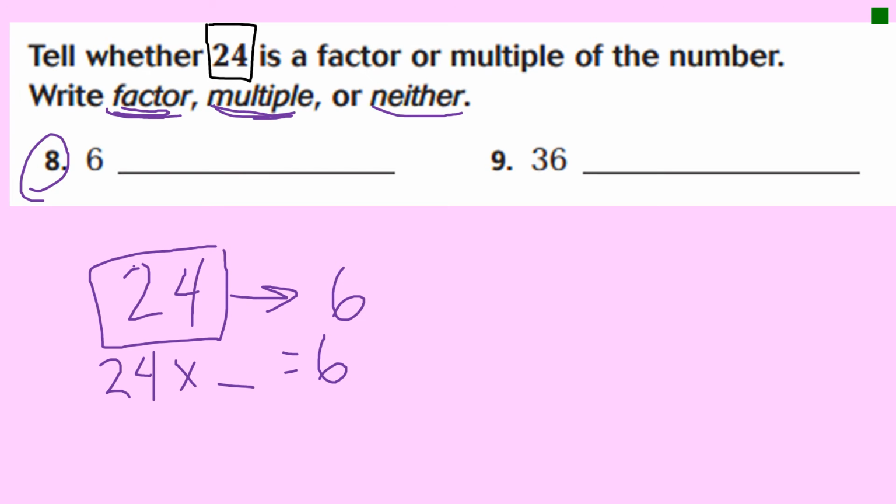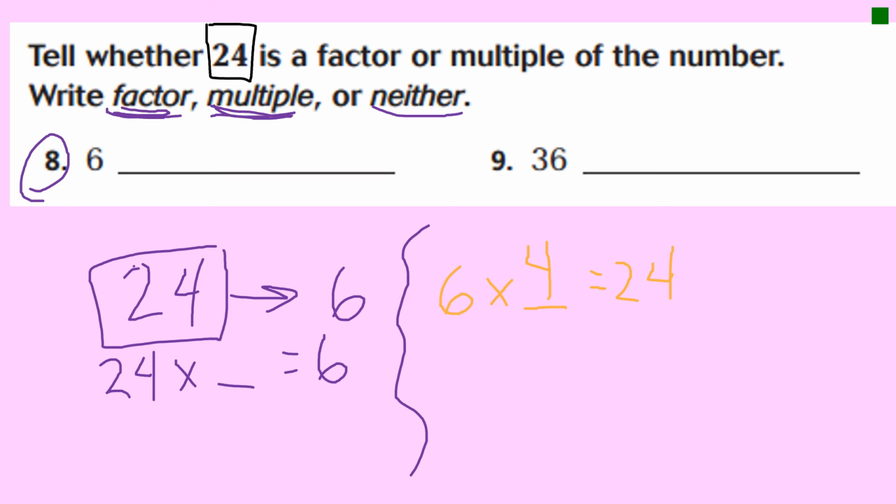Let's try multiple. Is 24 a multiple of 6? So when you ask about multiples, you're thinking, can I multiply 6 times some whole number and get 24? Yeah, we just talked about that one, didn't we? 6 times 4 is 24.